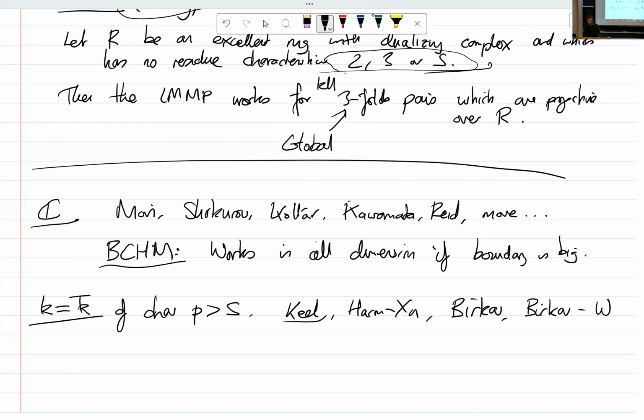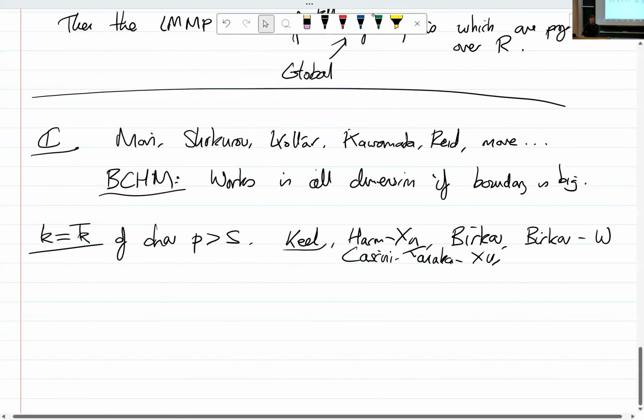Okay, so right, this is the algebraically closed field story. I guess possibly I should also mention Chatzistamatiou, Tanaka, Xu, I think that covers most. Okay, so this says everything works over algebraically closed fields.